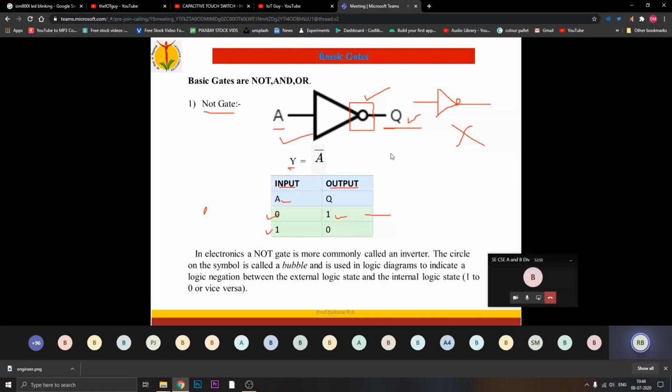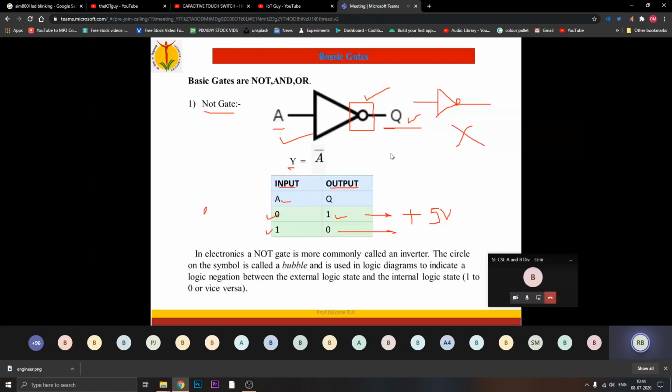This one represents plus 5 volt. Whenever I apply the input as 1, that means 5 volt, I get the output 0 volt. So this is the function of the NOT gate.